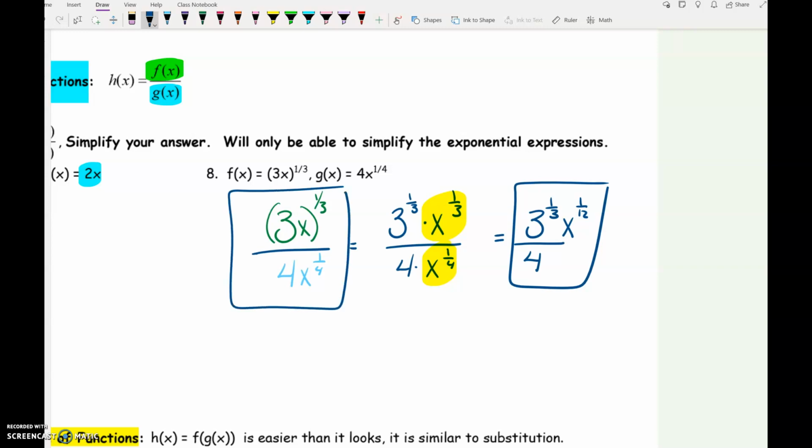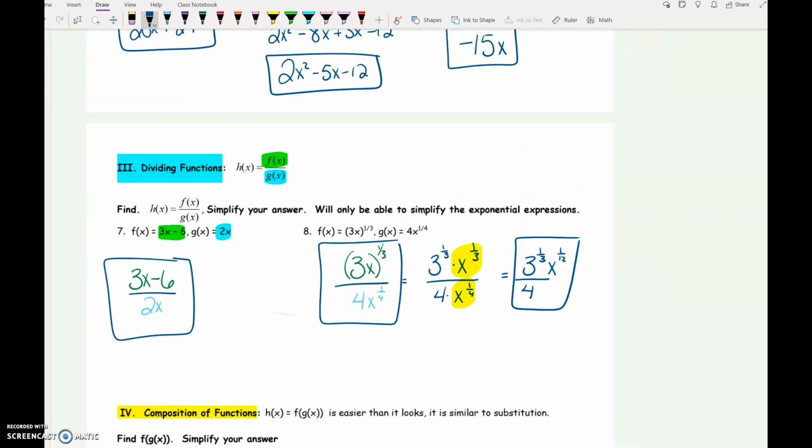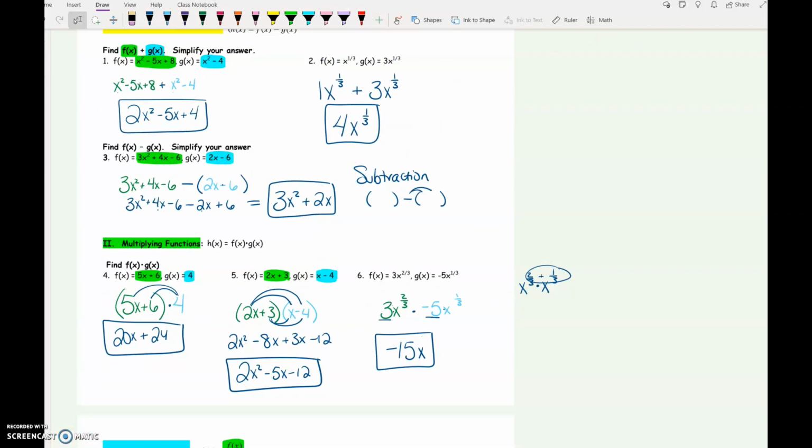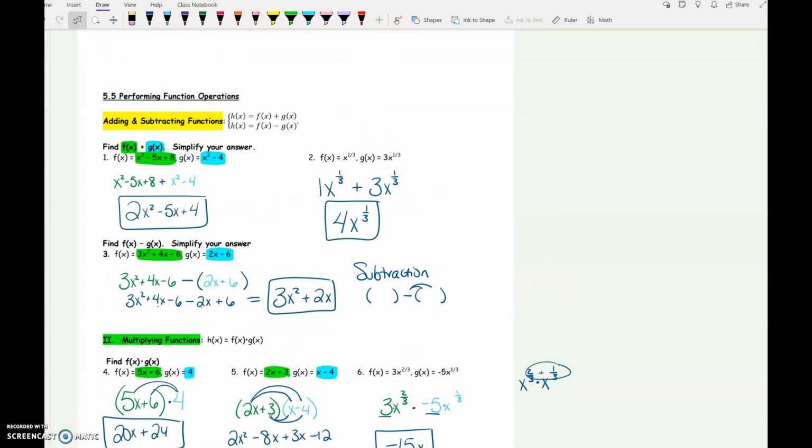So your worksheet today is really just practicing adding, subtracting, multiplying, and then for the dividing, just putting the f function on the top and the g function on the bottom. The big things that you need to remember, when you are adding functions, you're adding them together, so really you are just combining like terms.